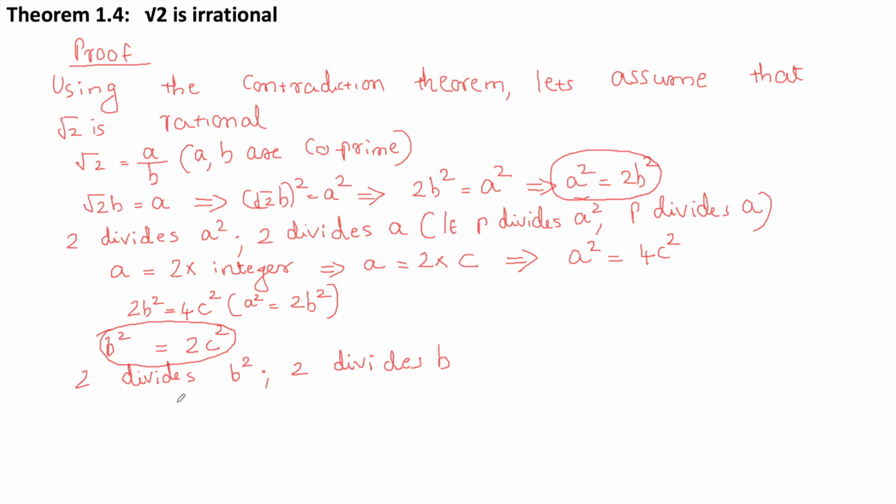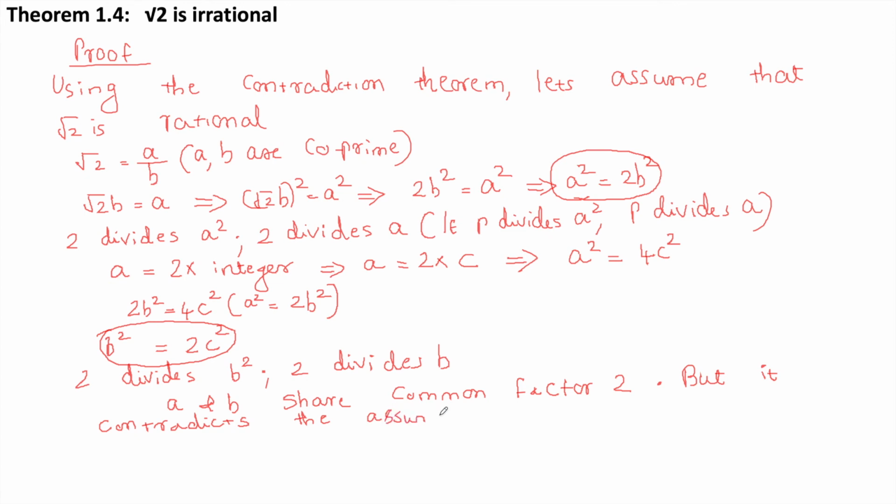So we can write it like: a and b share common factor 2, but it contradicts the assumption a and b are co-primes.